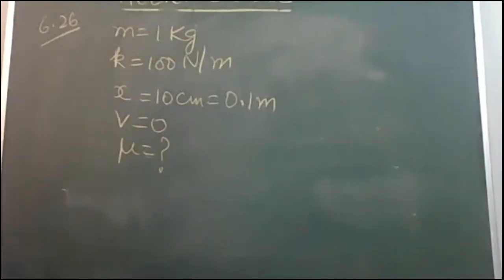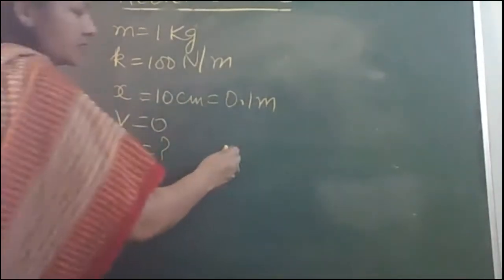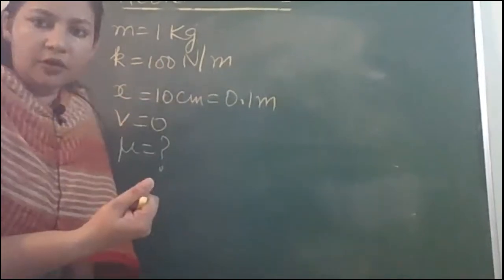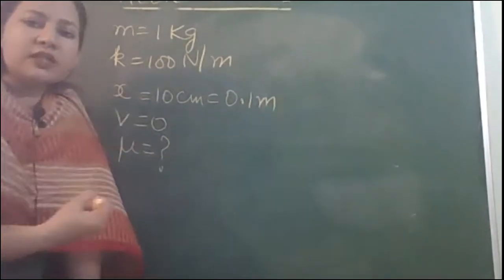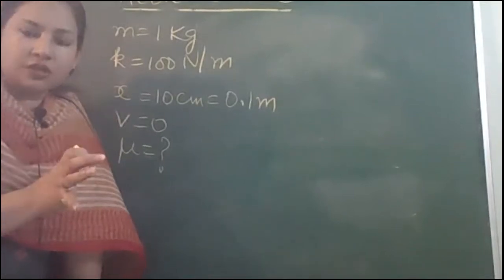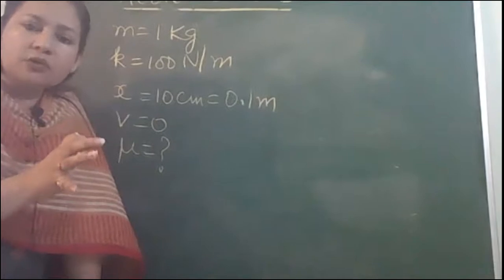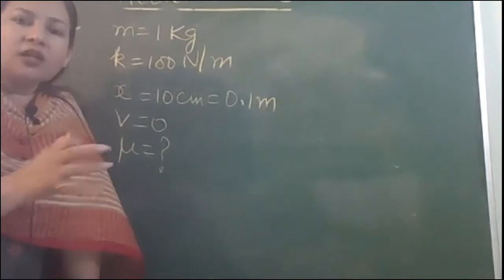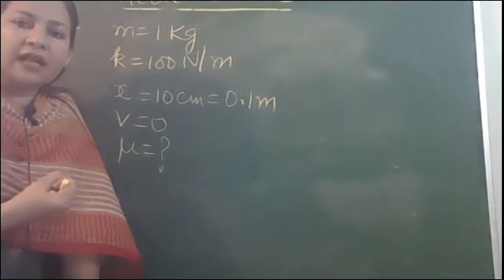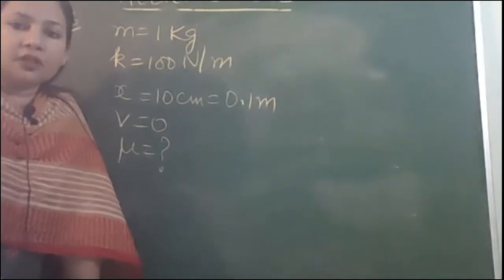In this case, when the block slides down the plane, you understand the situation, the spring will get unstretched. It will open up through the same extension. So the potential energy, because of the change in shape of the spring, is converted into work.